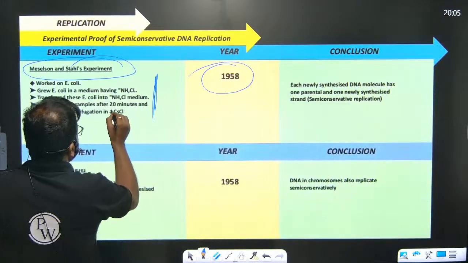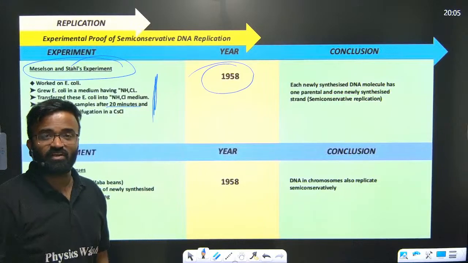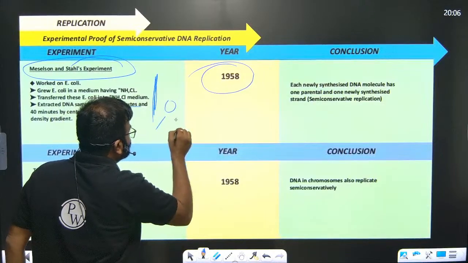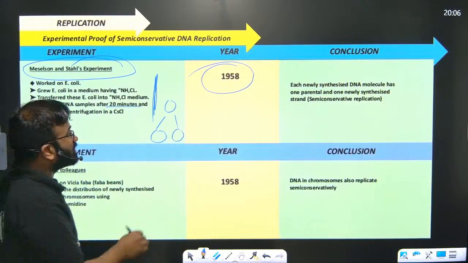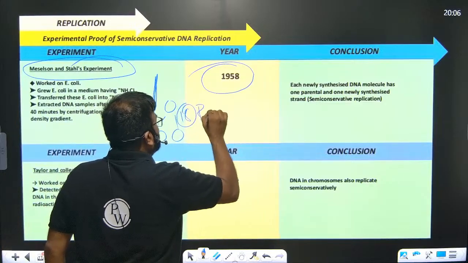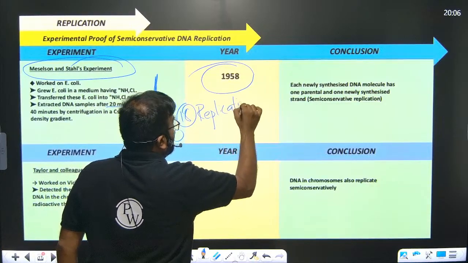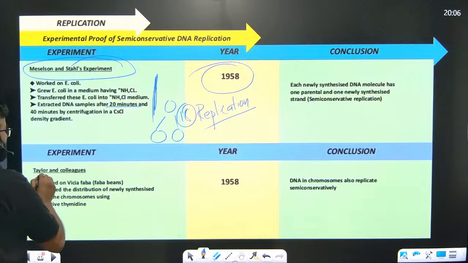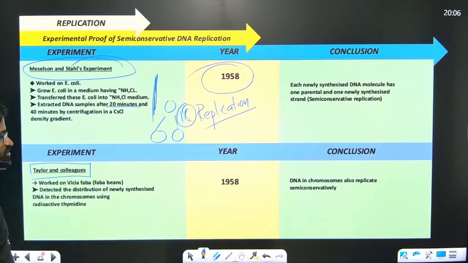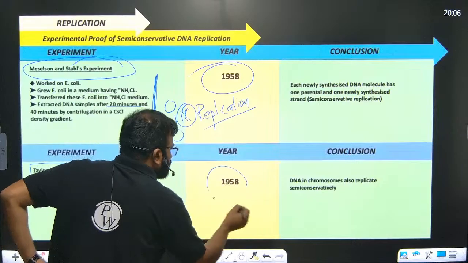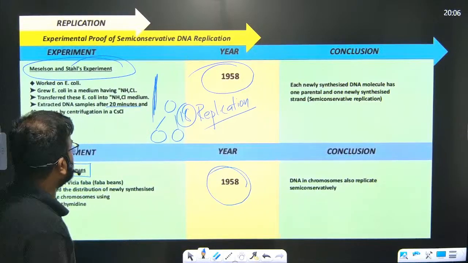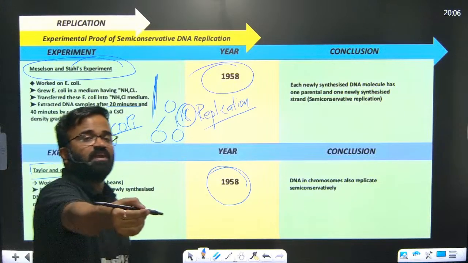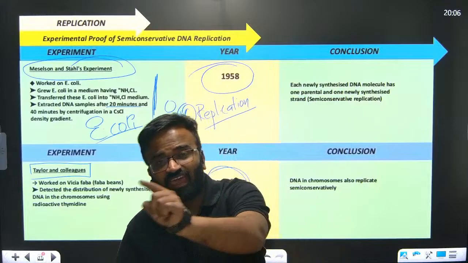And remember, this 20 minutes is for the entire generation, to see one generation. If this cell becomes 2, this generation is 20 minutes, but out of which 18 minutes is for replication. Guys, pay attention to all the small details. But Taylor and his colleagues in the same year also proved that not just in E. coli, DNA replicates in a semi-conservative manner even in plants.